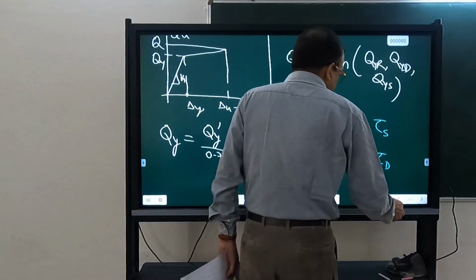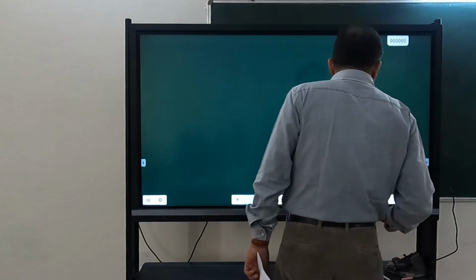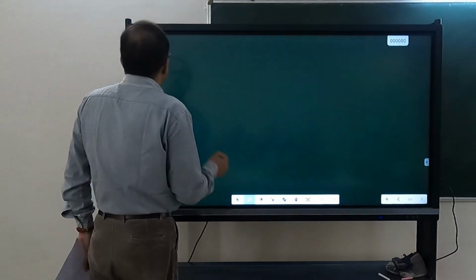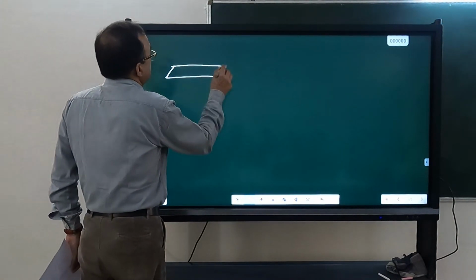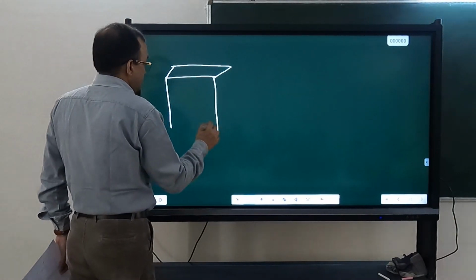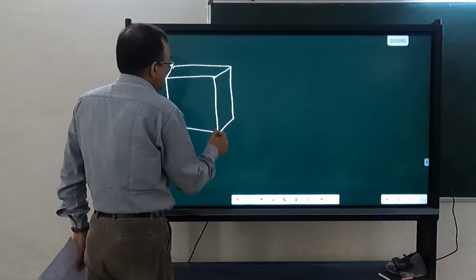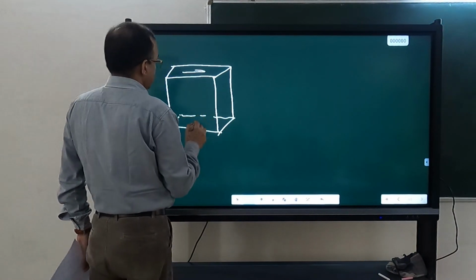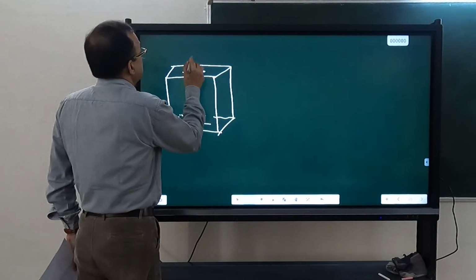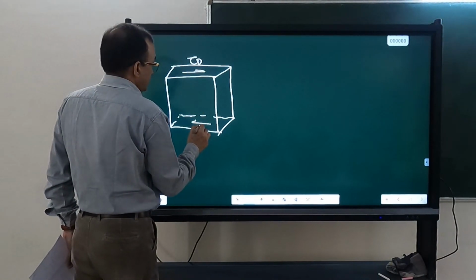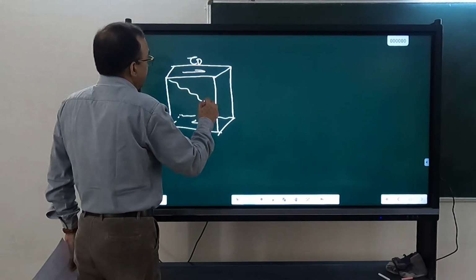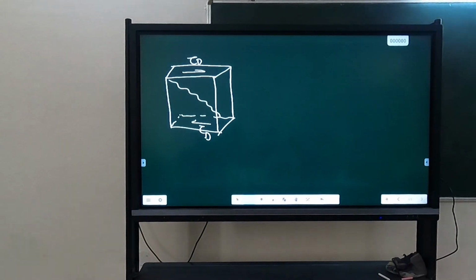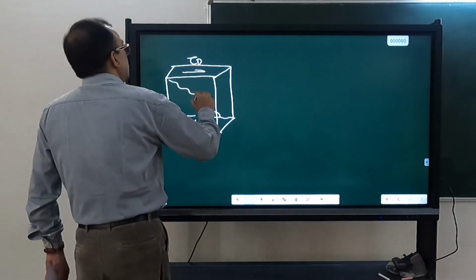No, that's what I am explaining. The failure will occur along the diagonal, but tau D is measured along the cross section. It is not measured like this.